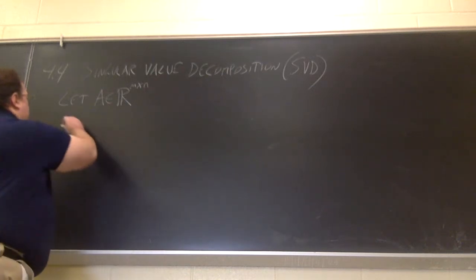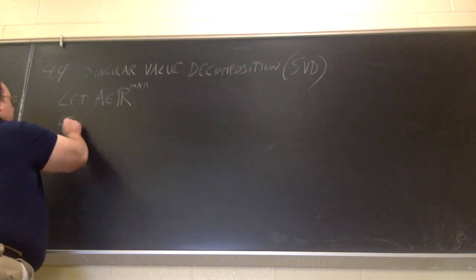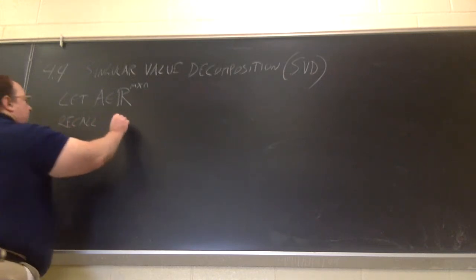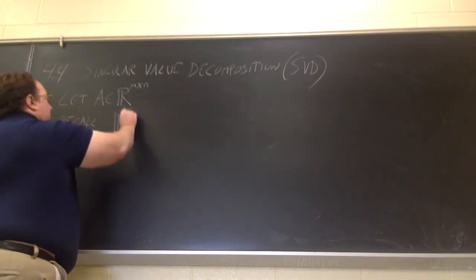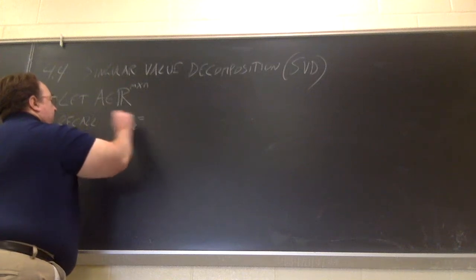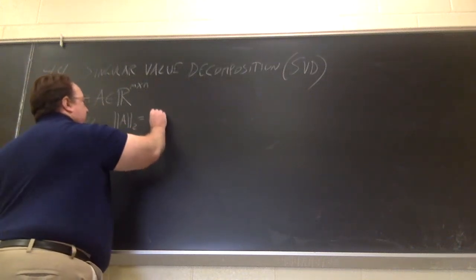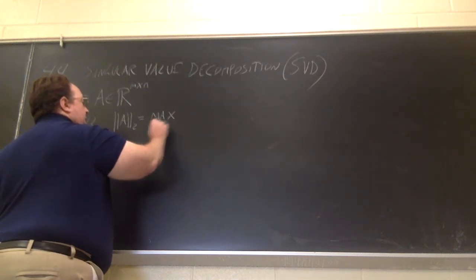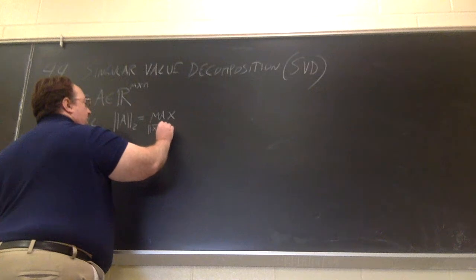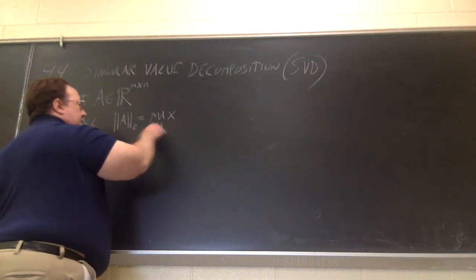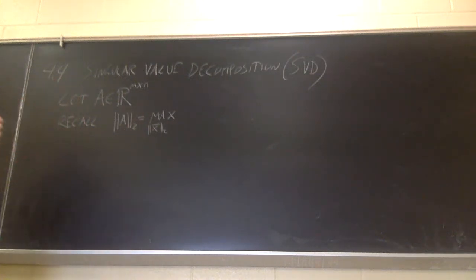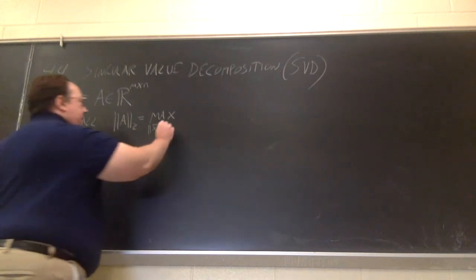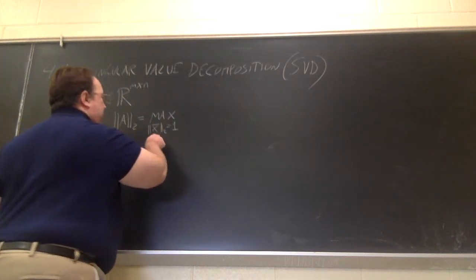So I'm going to recall that the 2 norm of a matrix is equal to the maximum over all vectors x, in this case n-vectors, where the vector 2 norm is equal to 1.